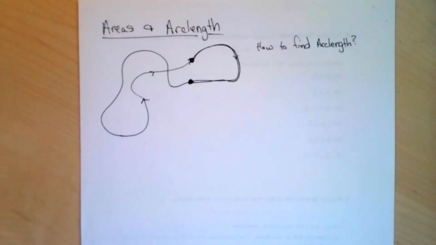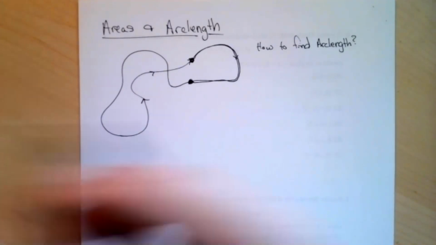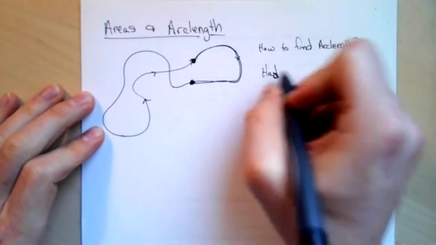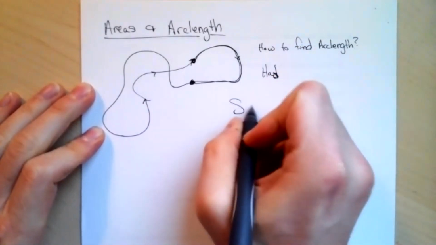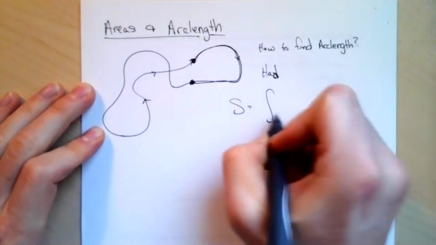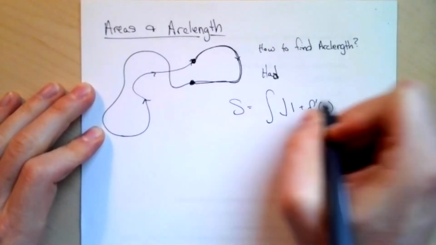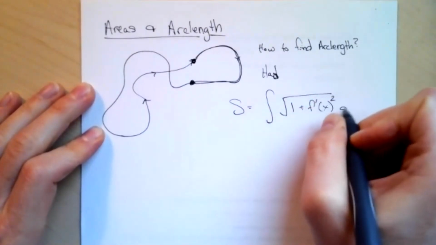Most of the curves we would try to compute with Cartesian coordinates wouldn't work well with that formula, right? So what did we have? That the arc length was the integral of the square root of 1 plus f prime of x squared dx.